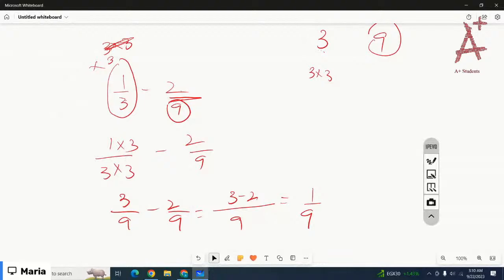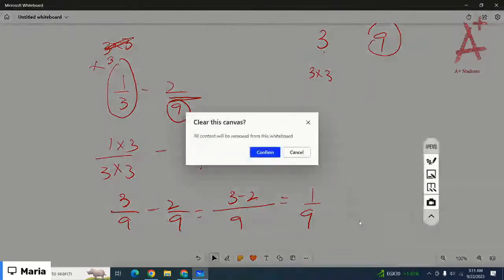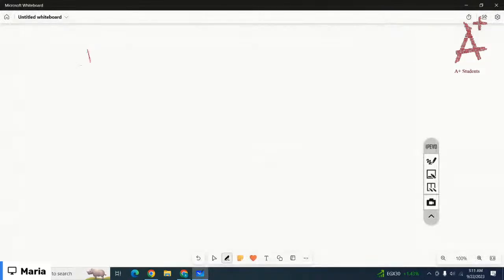Okay, let's just do another example. That would be 1 by 2 minus 1 by 4. You can see you have two fractions, both with unlike denominators, right? You cannot subtract them until they have the like denominator, the same denominator.